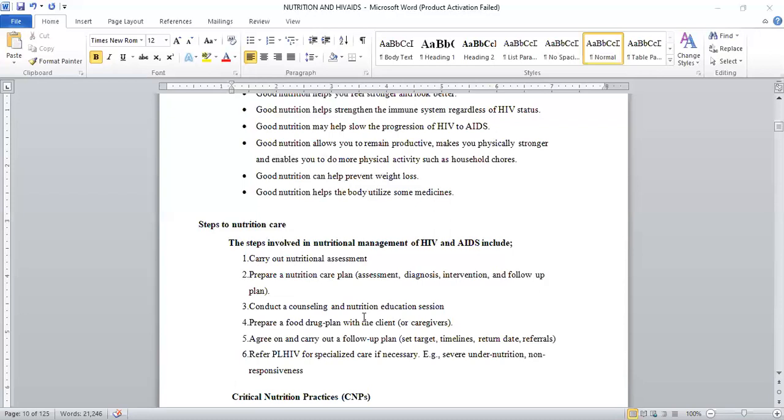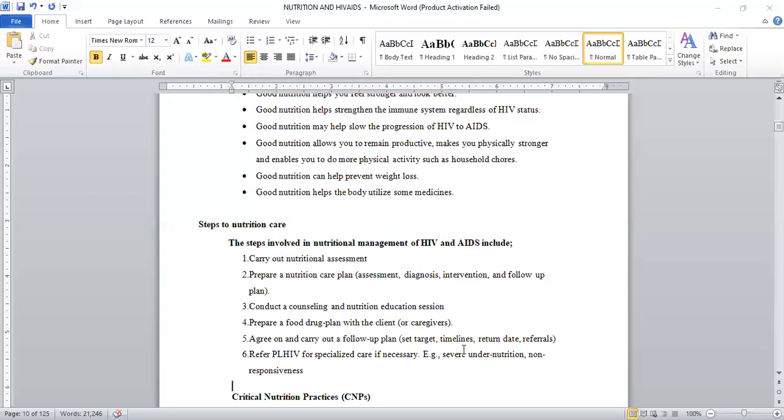Then agree and carry out a follow-up plan. So in this case, if you give a client a certain date, the TCA date, it means that you were supposed to give them a date to come again, a date whereby they also need to come and pick their medication again. Don't give them dates that will make this person be coming to the hospital so many times.